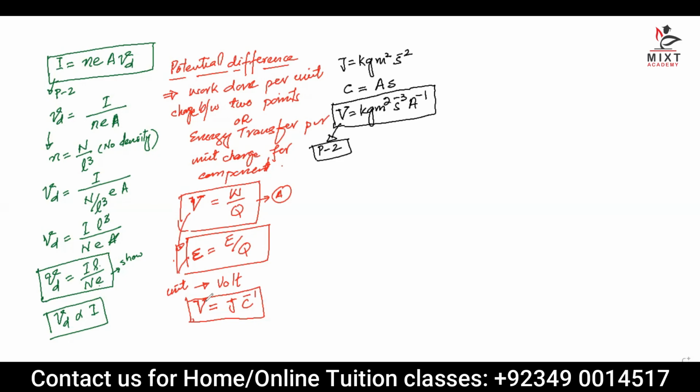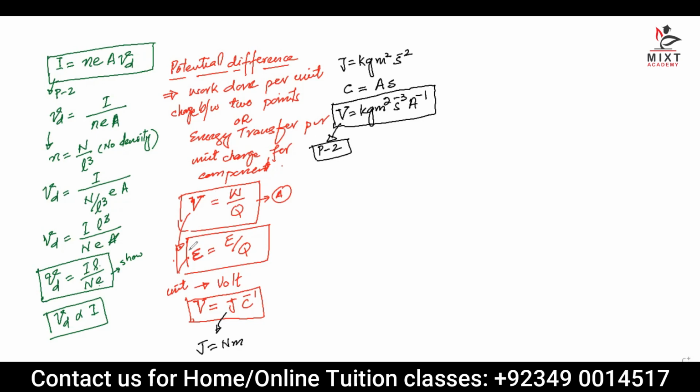So we combine for force. Have you got it? So basically, joule can be written as newton meter, and newton, as you know, is kg meter per second squared, and it comes out to be kg meter squared per second squared.